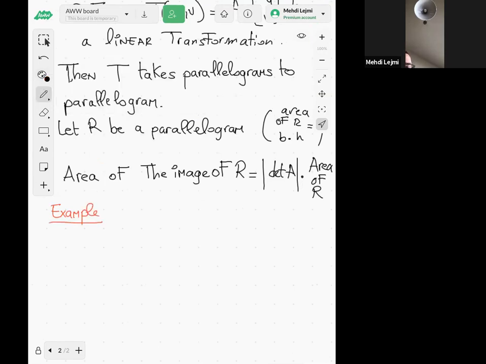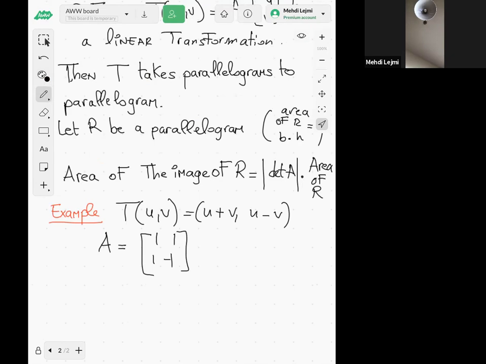It's again T of U, V. We said it's U plus V, U minus V, and we said the matrix A would be just 1, 1, 1, negative 1, right? A, B, C, D. Anyway, now we have R. So R is the square here, 0, 1, so the area of R is 1.